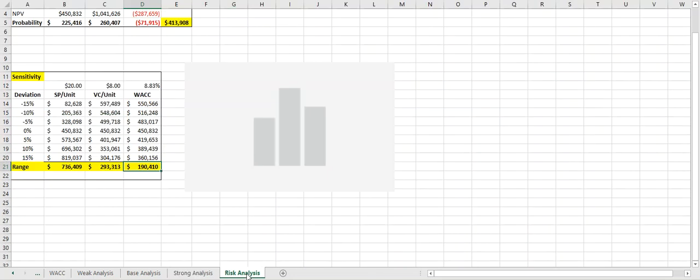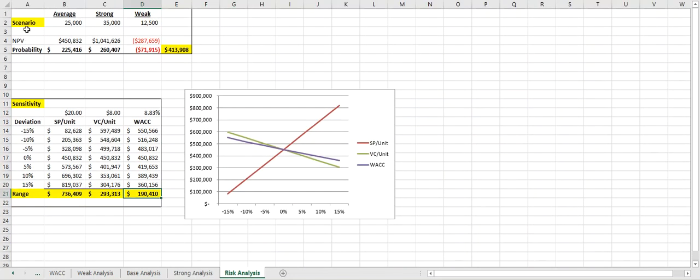And then I put it in a chart. It's called the scenario analysis. The average, the strong, and the weak unit sales and their corresponding NPV multiplied times their probability. The average base is 50% probability, if you remember. Strong was 25%, and the weak was 25% probability.